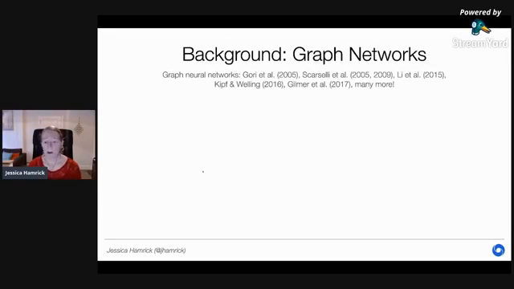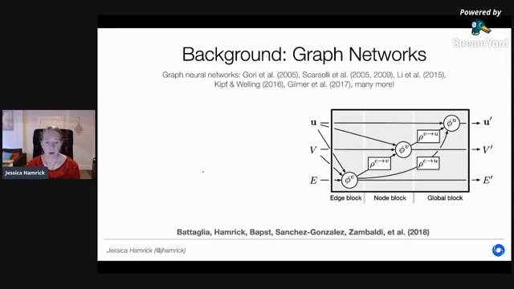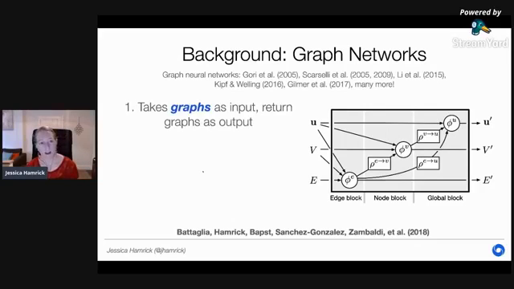Neural networks that operate over graphs have been around for a while now, first pioneered by Gori, Scarselli, and many others, and now they're quite popular, so perhaps you've heard of them already. But a few years ago, they weren't quite so popular yet. So my colleagues and I released a review of this literature and unified various approaches that existed at the time into an architecture that we call graph networks. Graph networks have a few important features: they take graphs as input and return graphs as output.